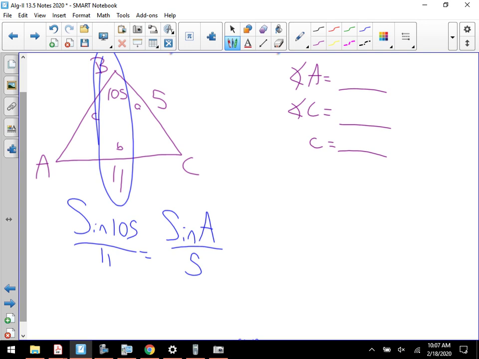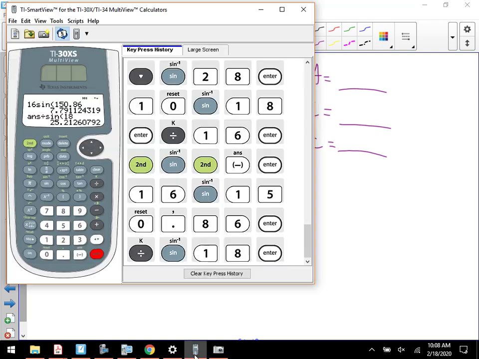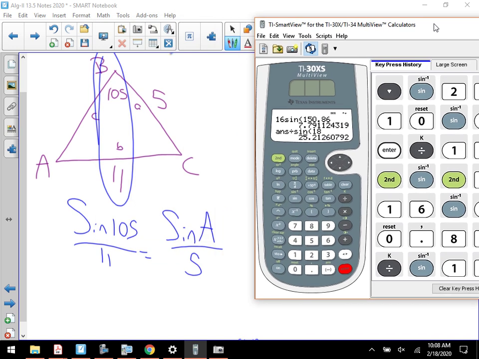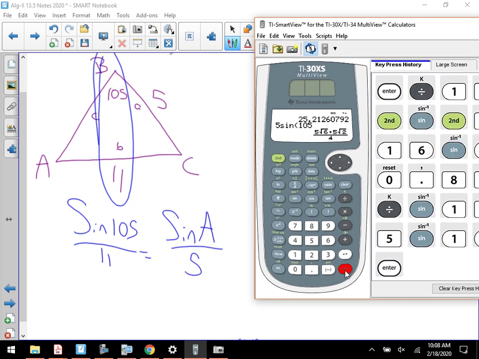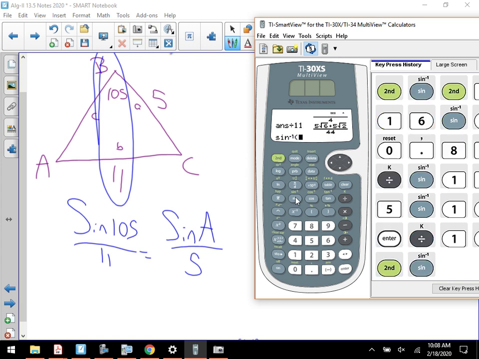In this case, I just multiply by the 5, put all that in my calculator, inverse it. So let's see, 5 sine 105 divided by 11. Inverse sine of my answer. I got 26.04.